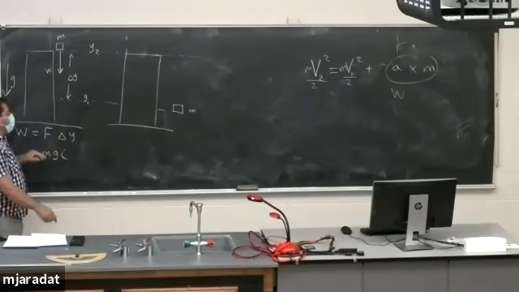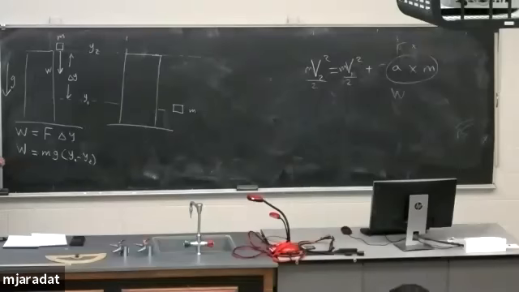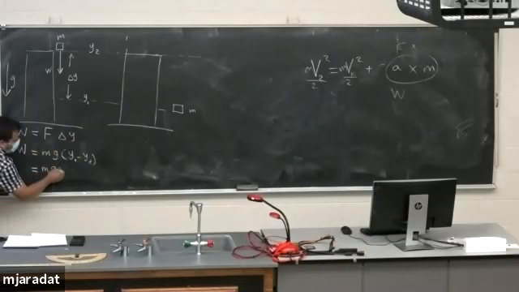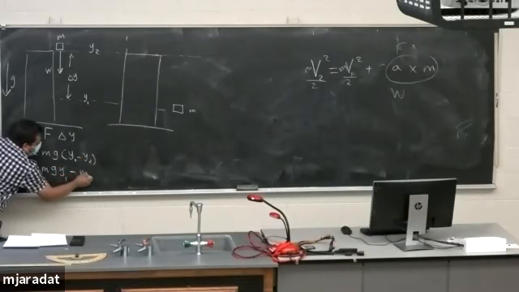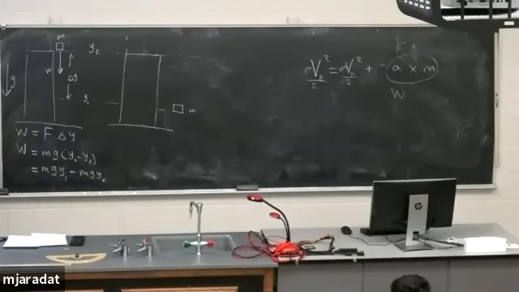Y final is y1 minus y2. This is the work. We can write it as two terms like this, which is equal to mg y1 minus mg y2. We know how to do that.